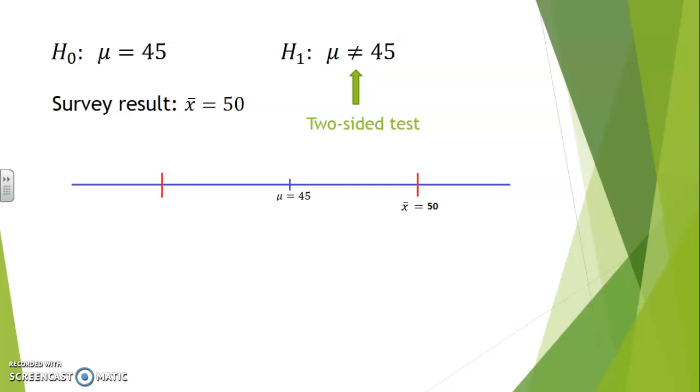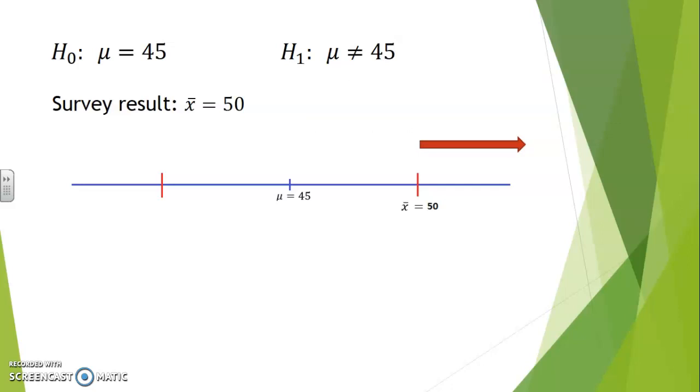Our sample result was to reveal a sample mean of 50, 5 units to the right of 45. A deviation of 5 to the left of 45, which is at 40, would have been equivalent in the sense that it's not equal to 45 and the same distance.